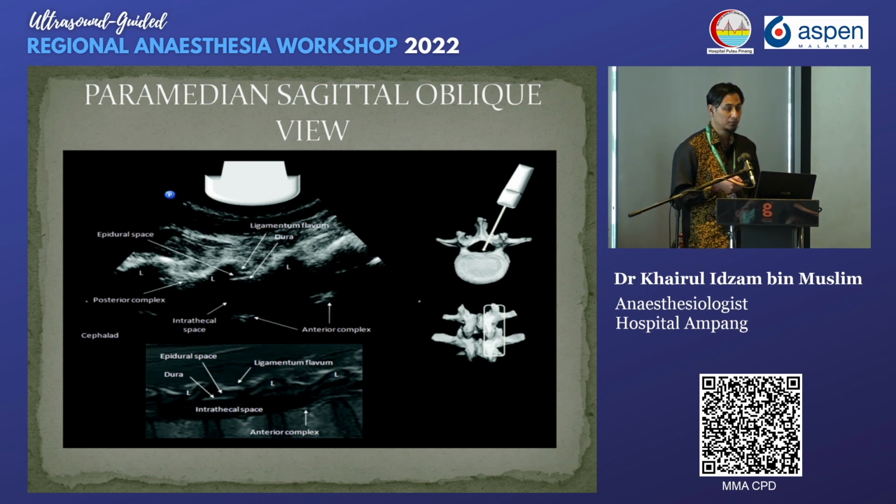Then after we get this view, we tilt our transducer obliquely to get this paramedian sagittal oblique view. From here, we can identify the posterior complex and anterior complex.